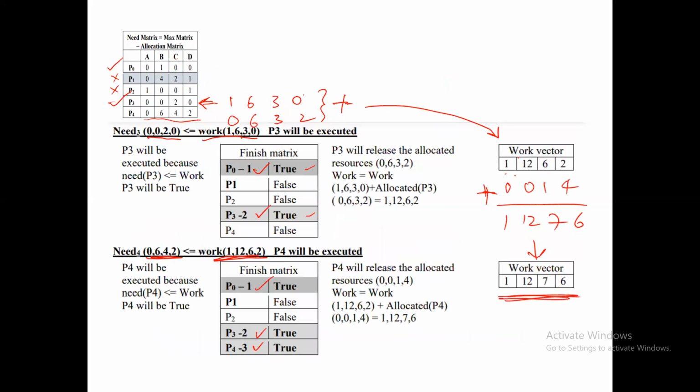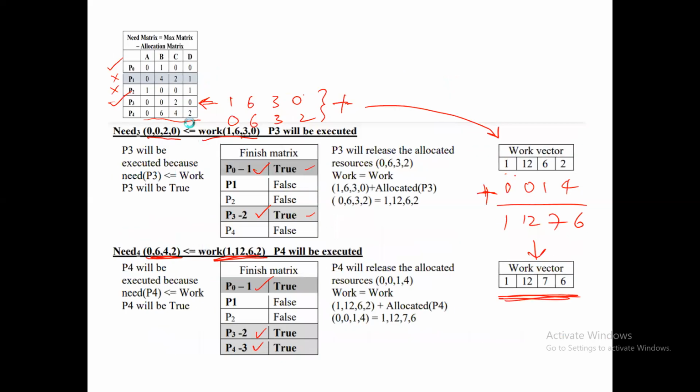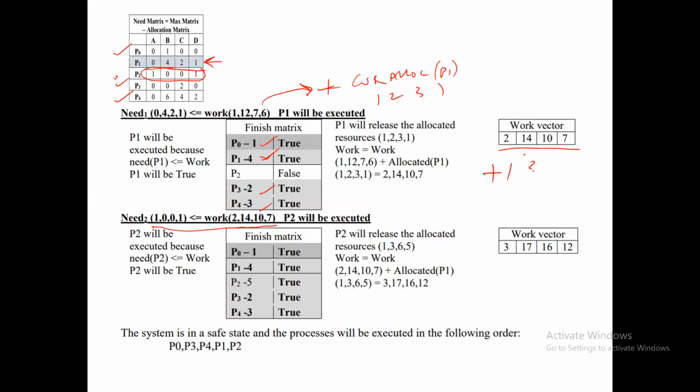What is the current allocation of P2? That is 1365. So you would get 17, 16, and 12. Right. So all the processes will be able to complete now if we allot in this order.